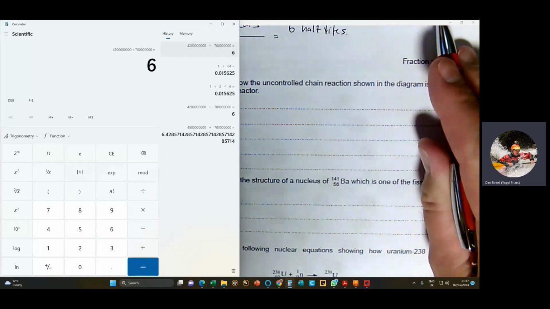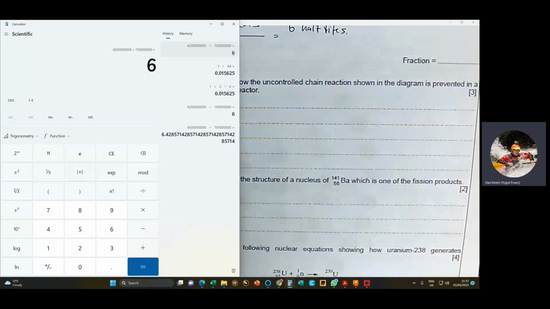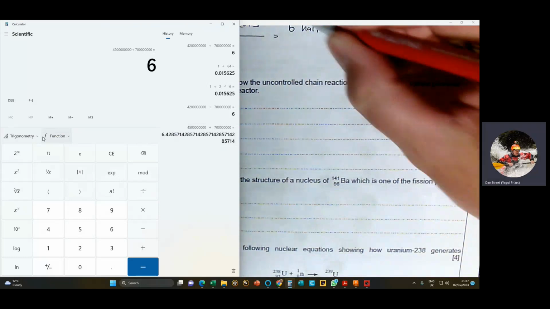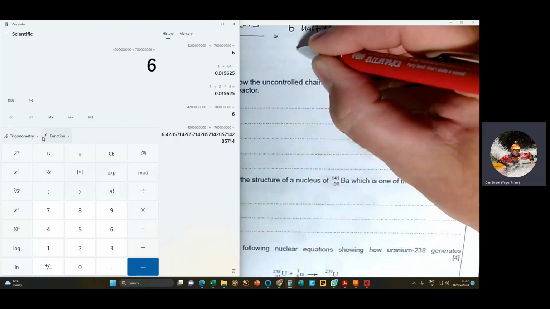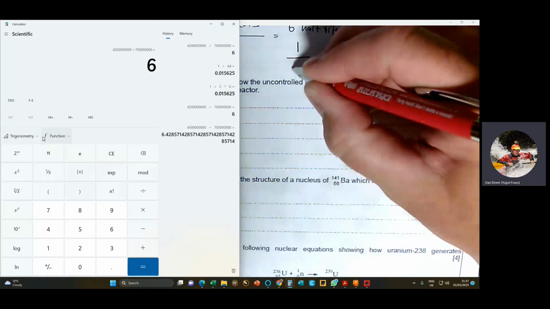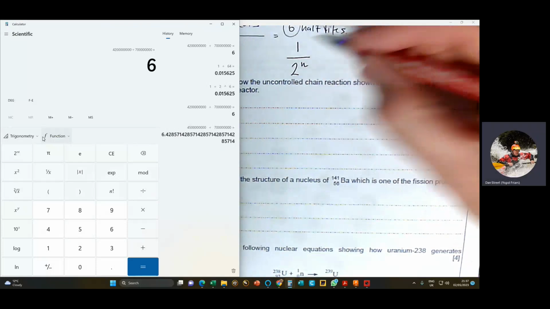But the question asks us for the fraction of uranium-235 that remains on Earth today. So in order to calculate that, we need to use this figure in another equation. The fraction left is 1 over 2 to the power n, where n is this value here.